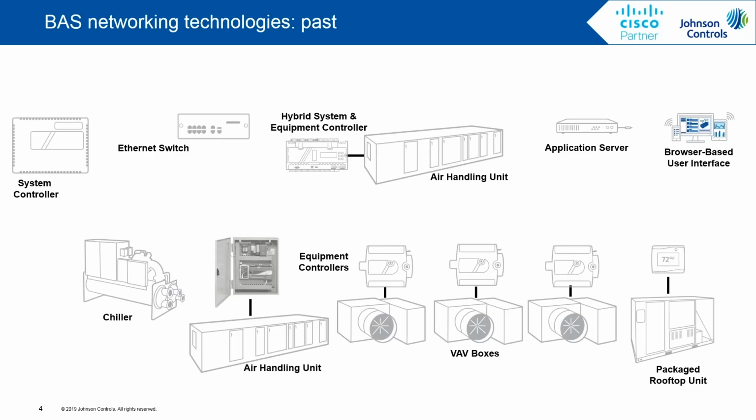Great, thanks, Jane. So I think a good way to kick off this discussion is to look at a typical building automation system network architecture and describe how the components have been wired together in the past.